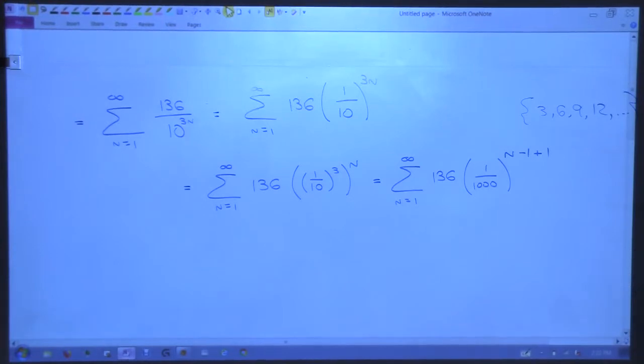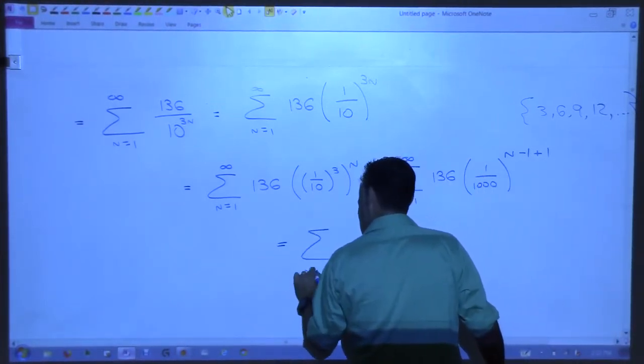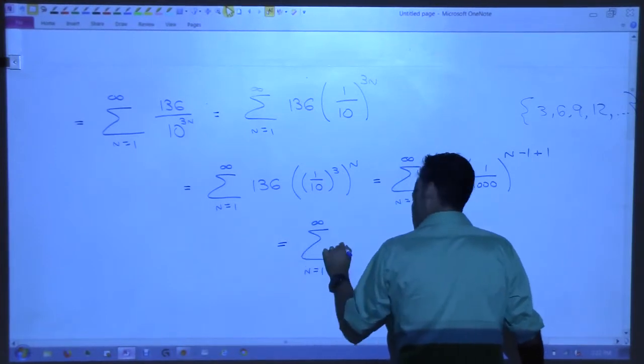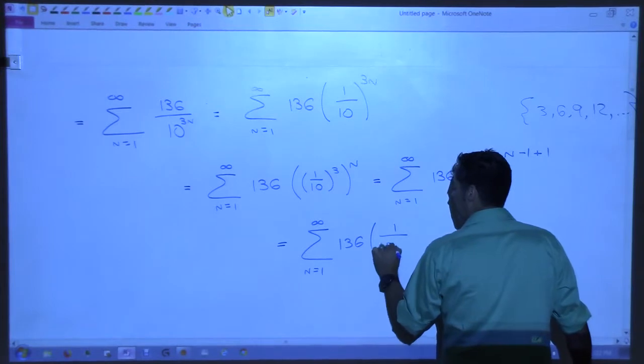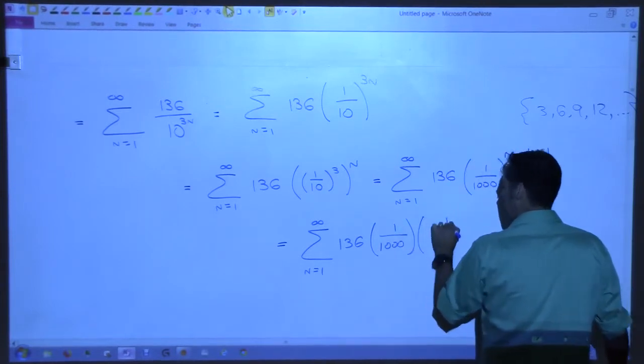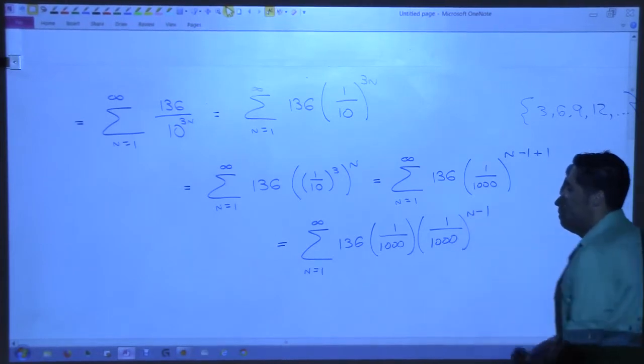Which means I'm going to have to pop a 1 over 1,000 off the end of this. When I pop the 1 over 1,000, I'm going to actually pop it out front. And then 1 over 1,000 to the n minus 1.